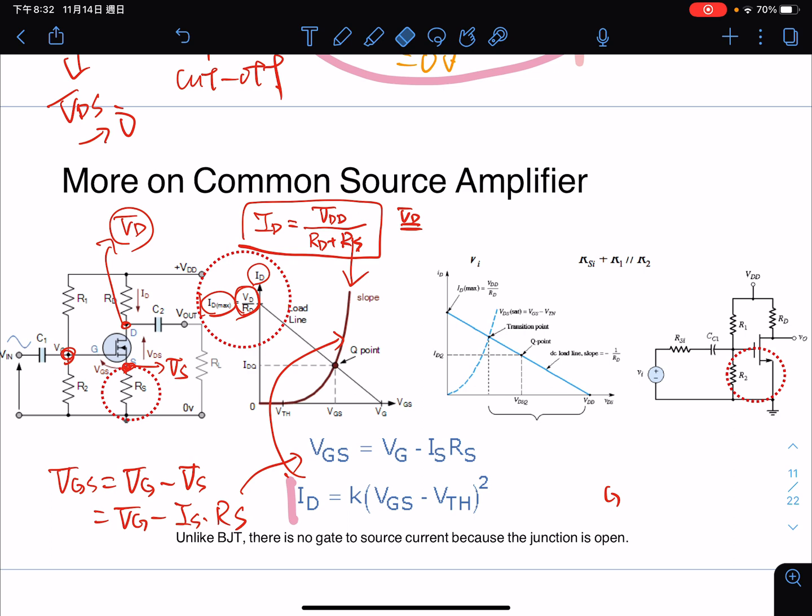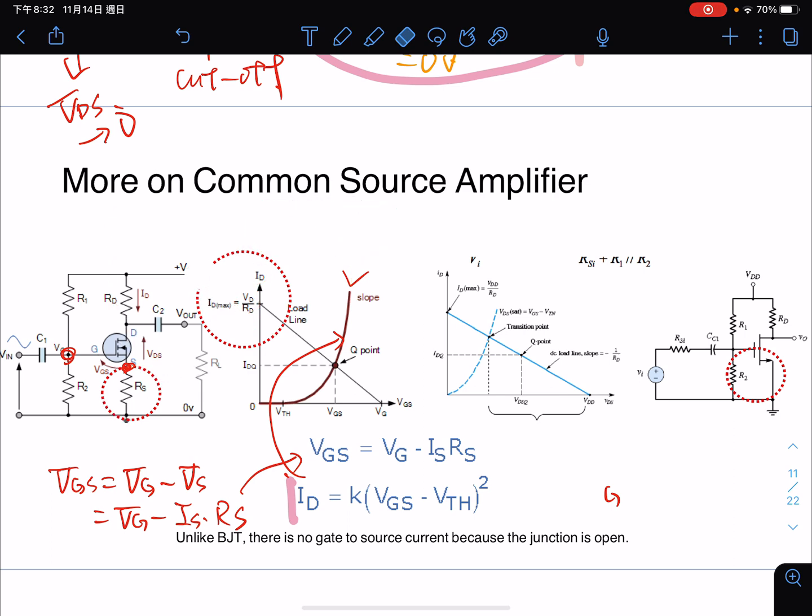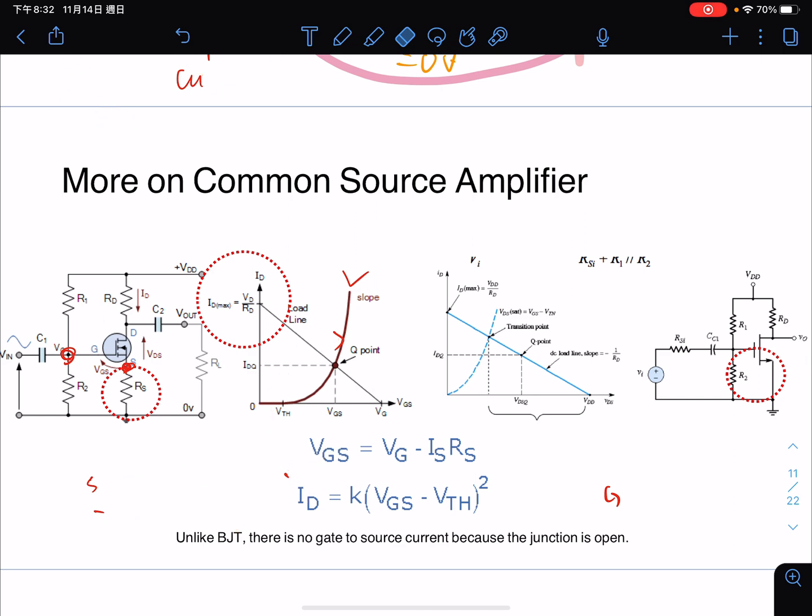In this curve, we have the RS here, but in this curve we don't have the RS here. Okay, and this is also the load line. And this one there's only one line, and this line and this line are not the same. This line is the ohmic region here.